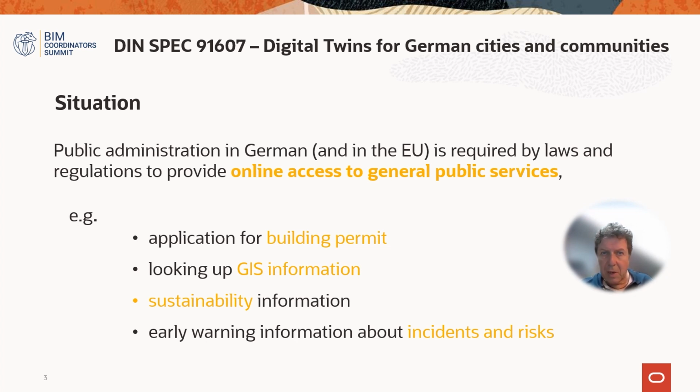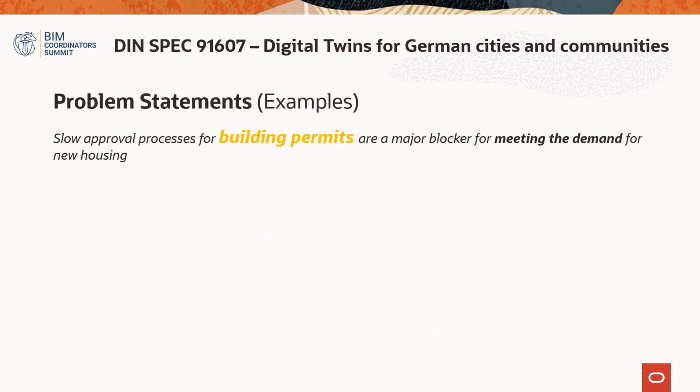Public administration in Germany and in the entire EU is required by laws and regulations to provide online access to general public services such as administrative activities like getting new license plates for your car, application for building permits, looking up GIS, city information or sustainability information, early warning information about incidents and environmental risks like floodings, heat, etc. All this should be available online, and processes around this should be, or at least become, digital in the very close future. So, where are we today?